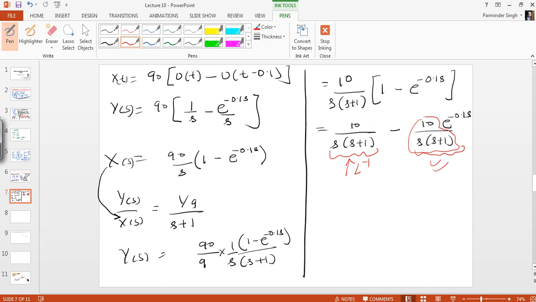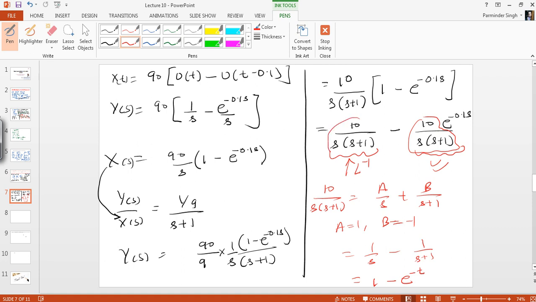Now the Laplace inverse of 10 over s into s plus 1. It's very simple: A over s plus B over s plus 1, and solve it. We can have the values of A and B. A comes out to be 1, B comes out to be minus 1, so this becomes 1 over s minus 1 over s plus 1. If you take the Laplace inverse, this becomes 1, and this becomes e to the power minus t. So the Laplace inverse is 1 minus e to the power minus t. Clear?